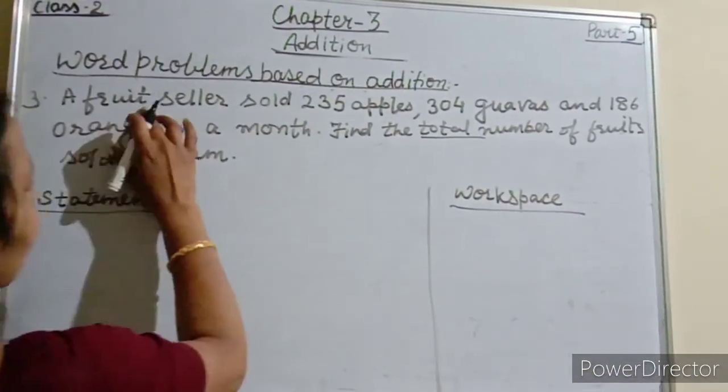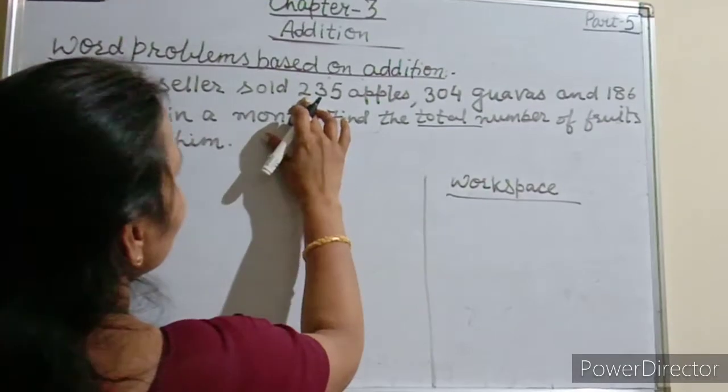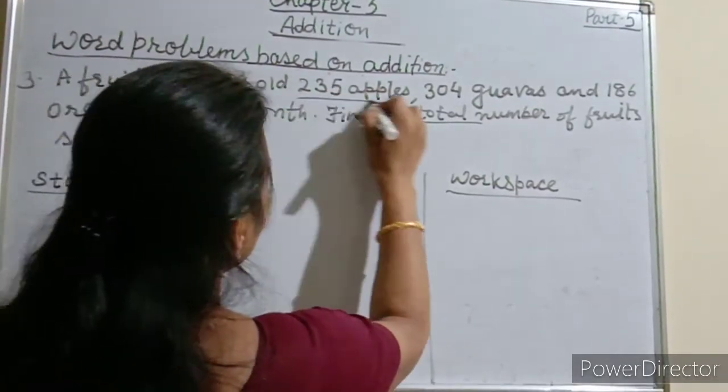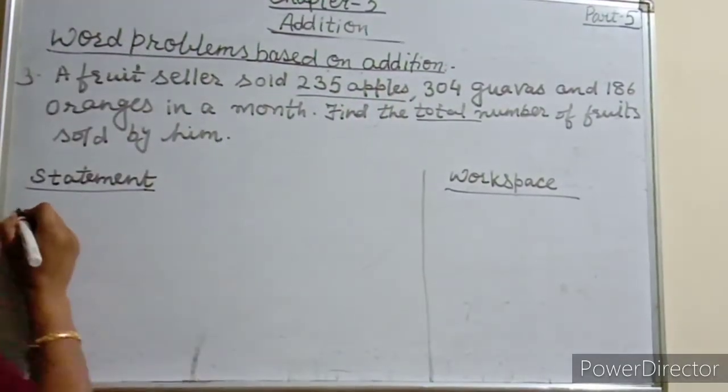See, a fruit seller sold 235 apples. So, what we will write here?